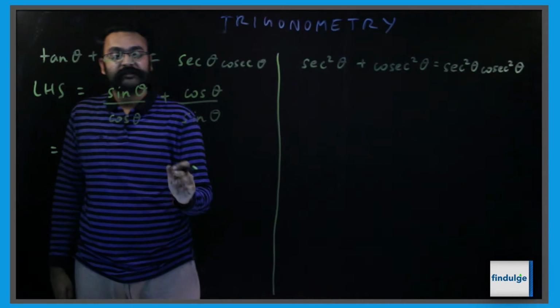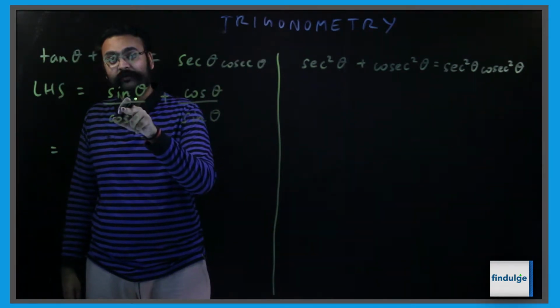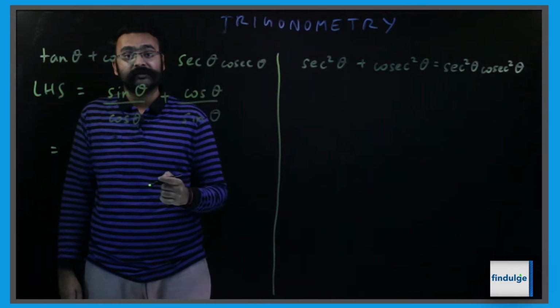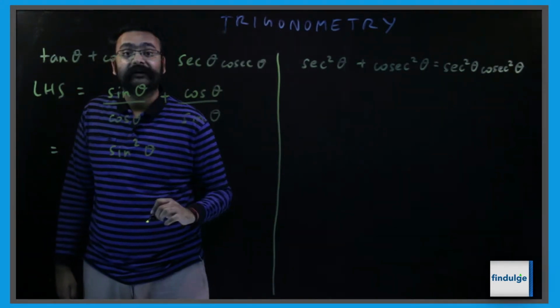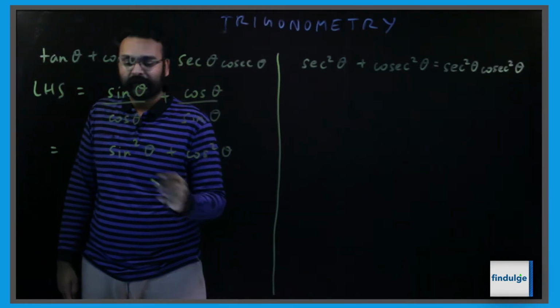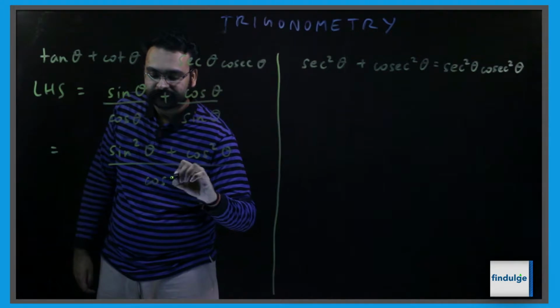Now the LCM will just be cos theta into sine theta. This one will get multiplied by sine. This one will get multiplied by cos, which will in turn make it sine square theta plus cos square theta upon cos theta sine theta.